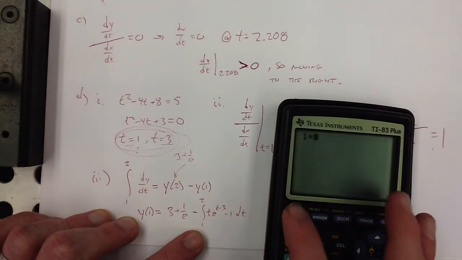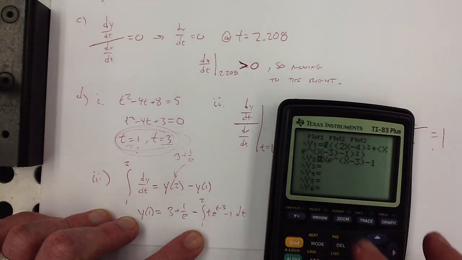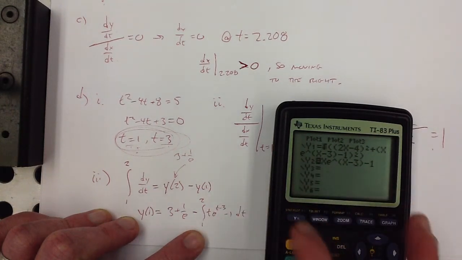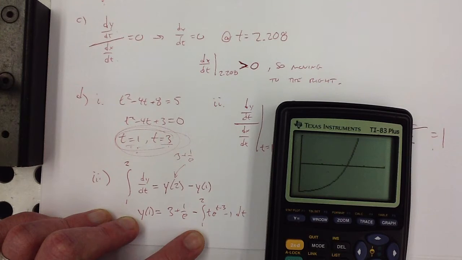From 1 to 2, do I have that thing graphed? I do. So that's the only one turned on right now. Since I already have it graphed, I want the area under that from 1 to 2.